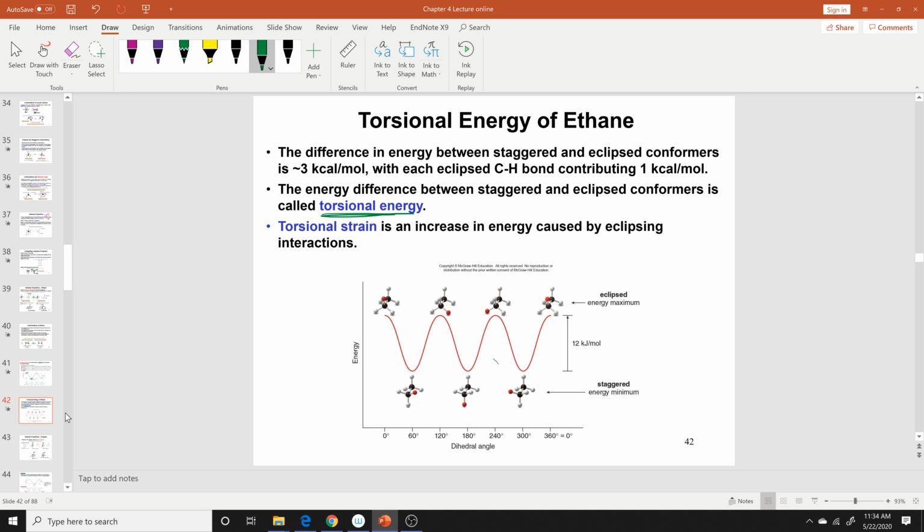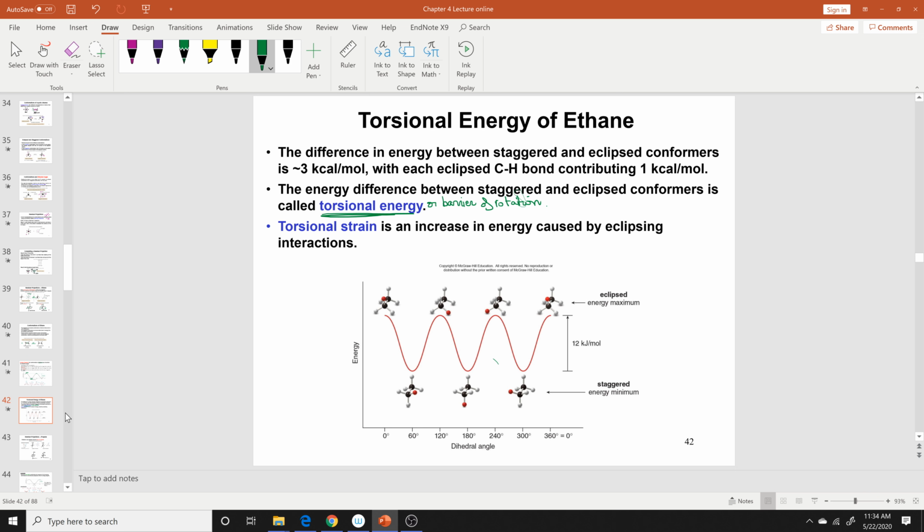So you need to calculate the energy of the staggered, calculate the energy of the eclipse, and then subtract them from each other to get the torsional energy. Another name for the torsional energy is the barrier of rotation. So it's either torsional energy, or we call it the barrier of rotation. Any one of those is basically the same idea.